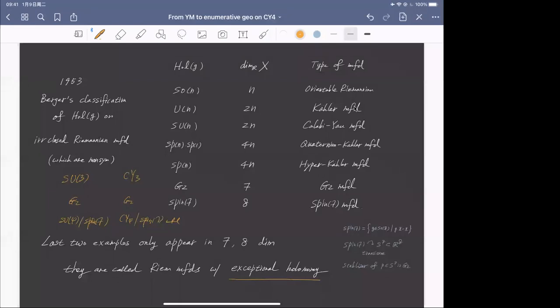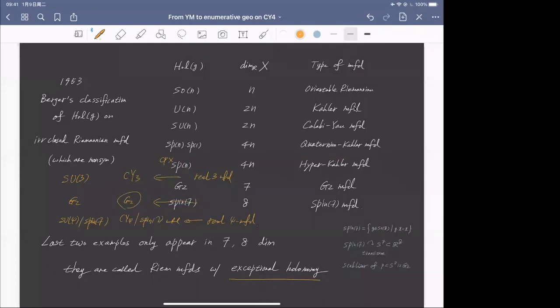So this can be thought of as a complexification of the ordinary real 3-manifolds. There's no analogy here for G2, because this is not a complex dimension, so it's not a complexification of anything. And this is a complexification of the real oriented 4-manifold case.